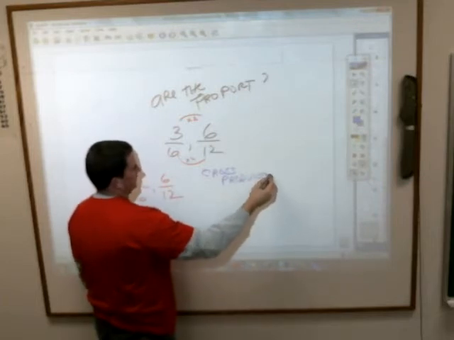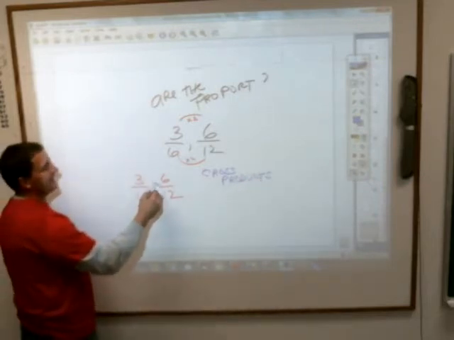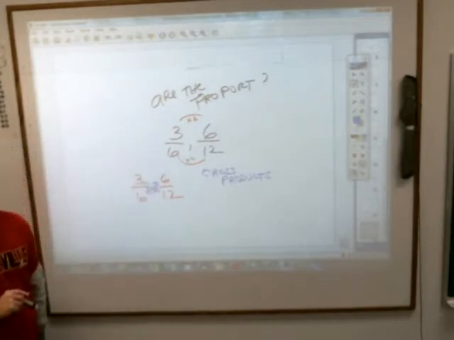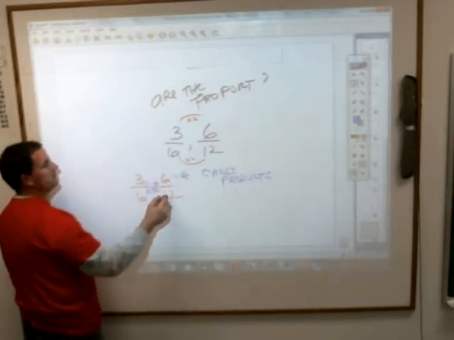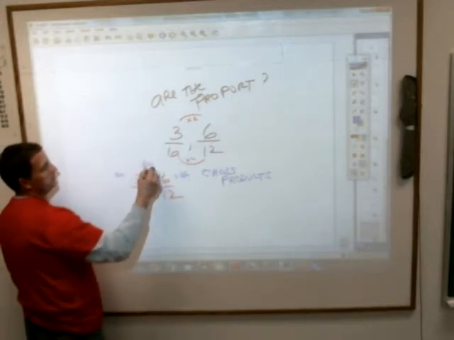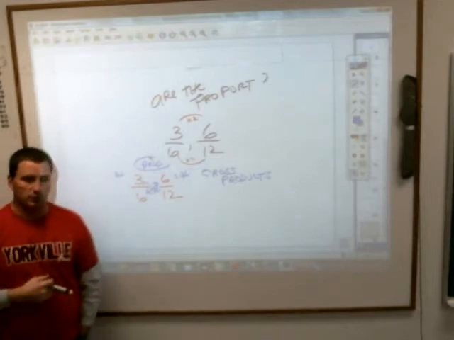And we talked about this way back in 6th grade, I'm sure. If, when you multiply the two diagonals together, you get the same number, then the two fractions are equal. In other words, if I multiply 6 times 6 and I get 36, and I multiply 12 times 3 and get 36, those are proportional. If their cross products are equal, they are proportional.